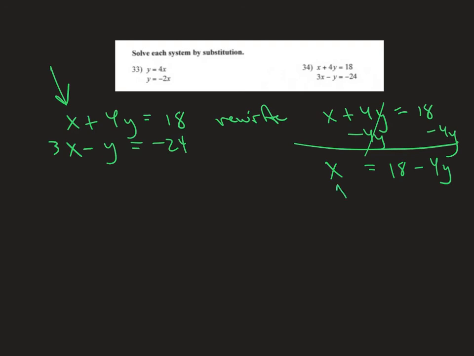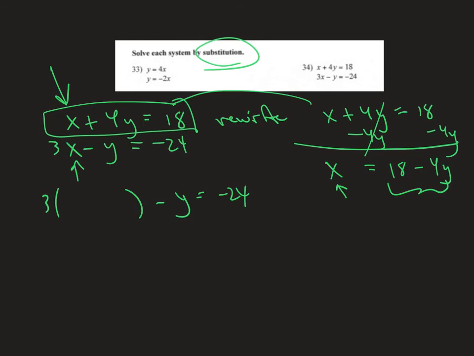Now, wherever I see x in the second equation, I can substitute everything that x is worth. So 3 times x minus y equals negative 24. Again, I took the first equation and solved it in terms of x. Then I take all of that stuff that x is worth and put it into the second equation in parentheses, 18 minus 4y.